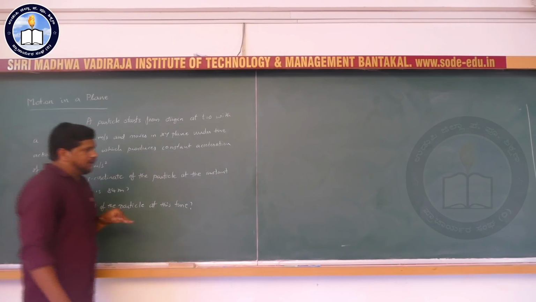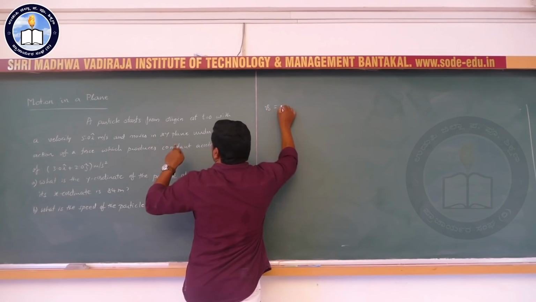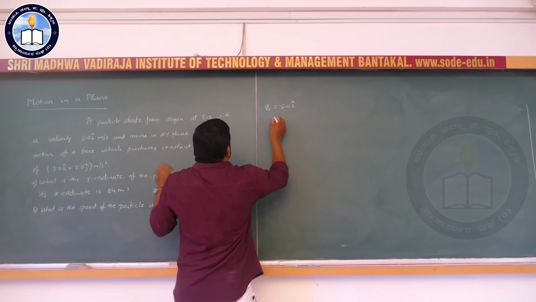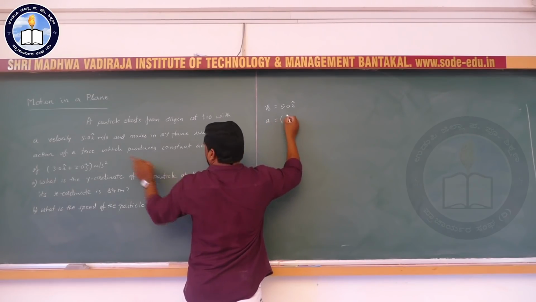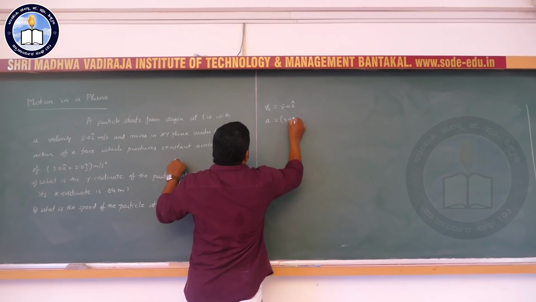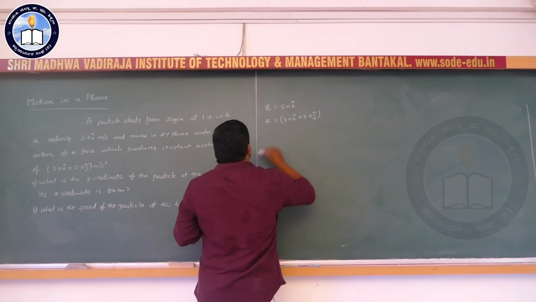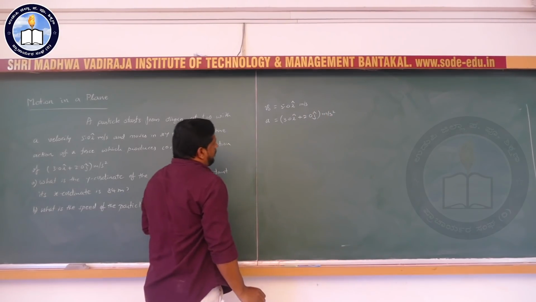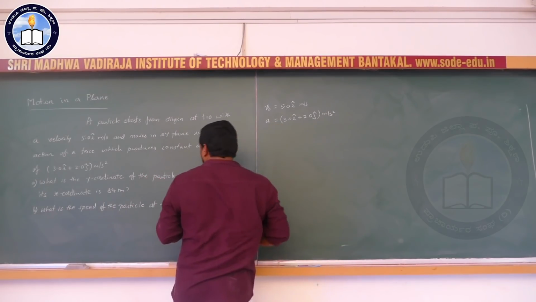So from the statement, he has given that v naught, the initial velocity, is 5.0 i cap meter per second, and it is under the influence of a force which produces a constant acceleration, equal to 3.0 i cap plus 2.0 j cap meter per second square.